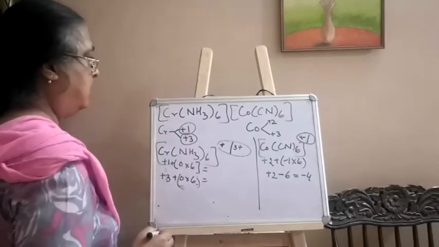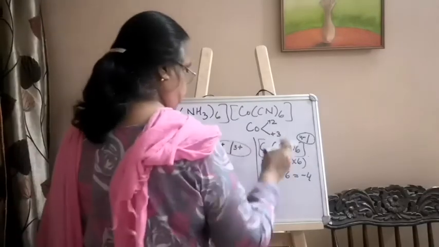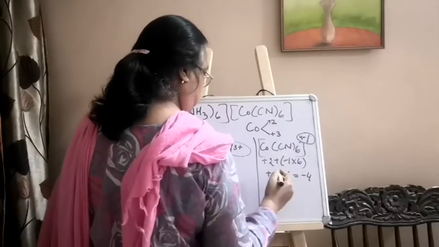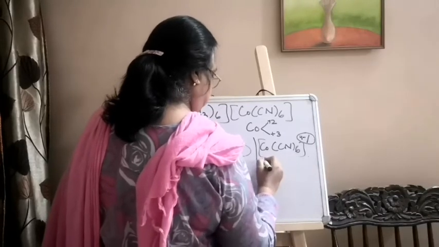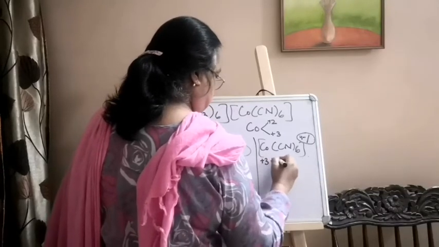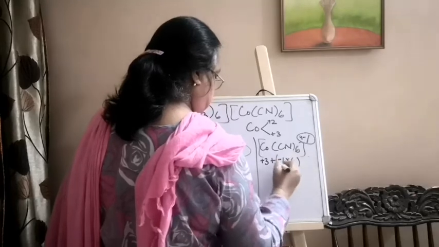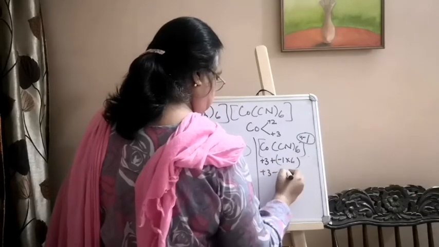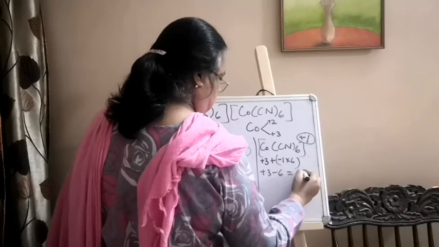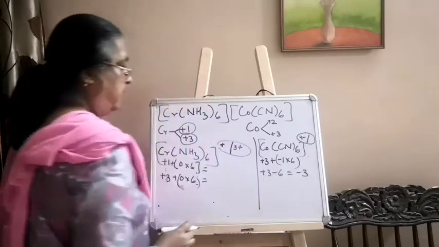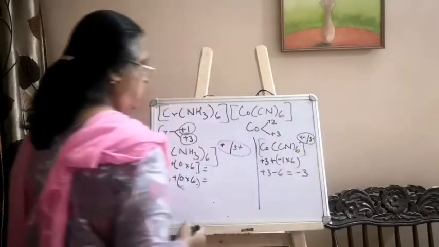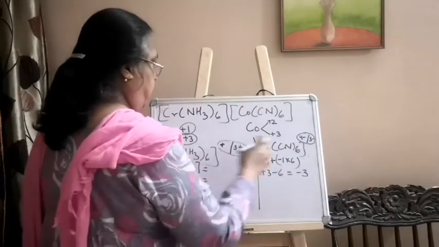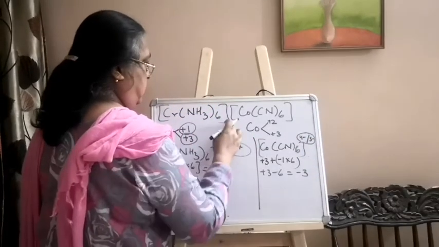or with 3 we will calculate. With 3 what it will be, if we take 3 plus 3 -1 into 6, plus 3 minus 6 is equal to -3. Okay, so this is -3, so here 3 minus. If we take 4 and this is, so here it should be 4.